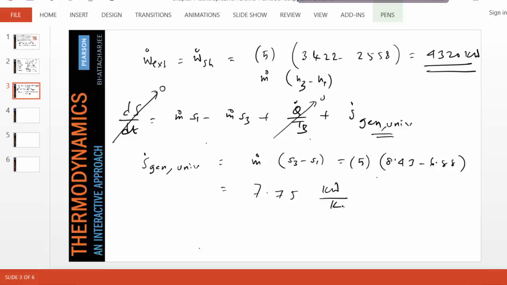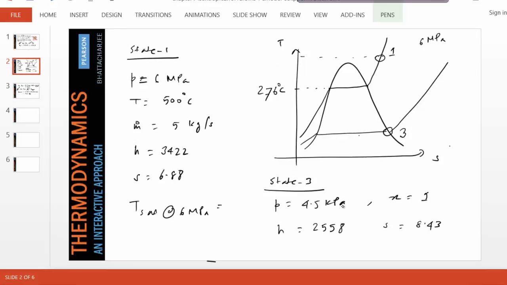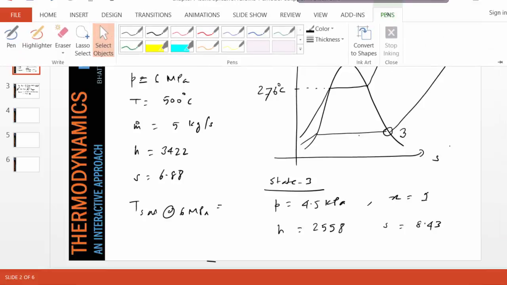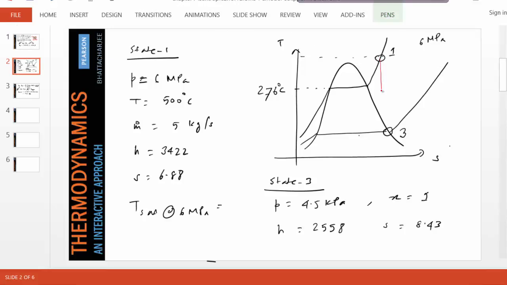Now to find the isentropic efficiency, we have to go back and ask ourselves: if this is the actual turbine which goes from state 1 to state 3, what will the ideal turbine be? It goes from 1 to 2. This will be our state 2, where the entropy remains constant, right? An ideal turbine will have isentropic exit, no heat transfer, and no friction, so entropy is constant.